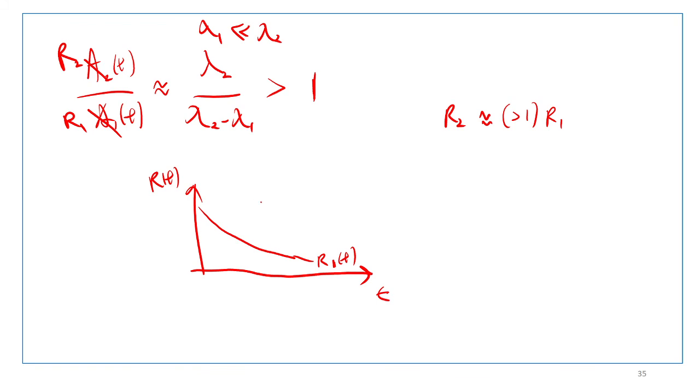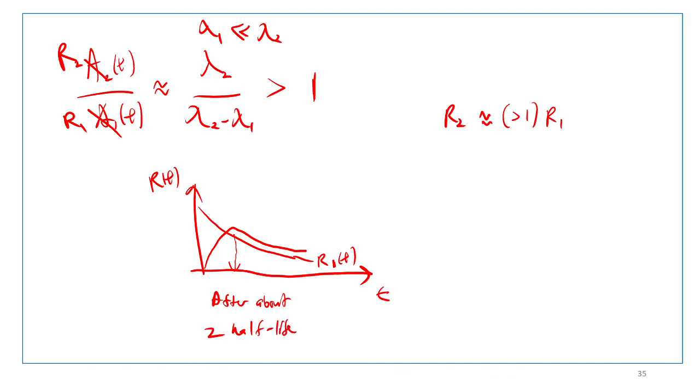So on the same graph, r2 will follow r1 after some time, after about 2 half-lives.